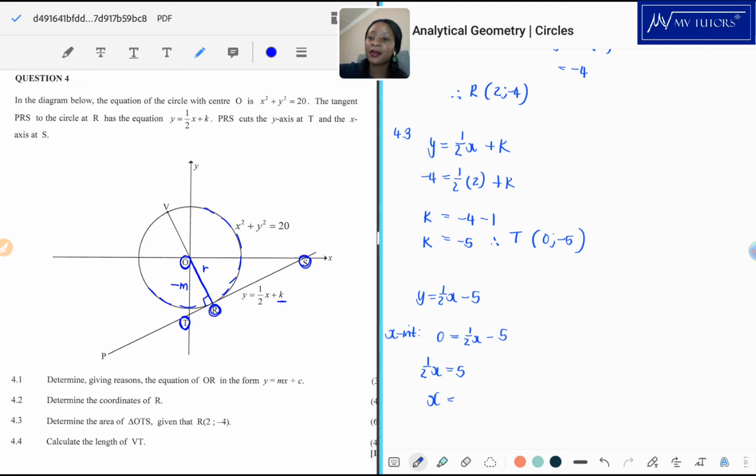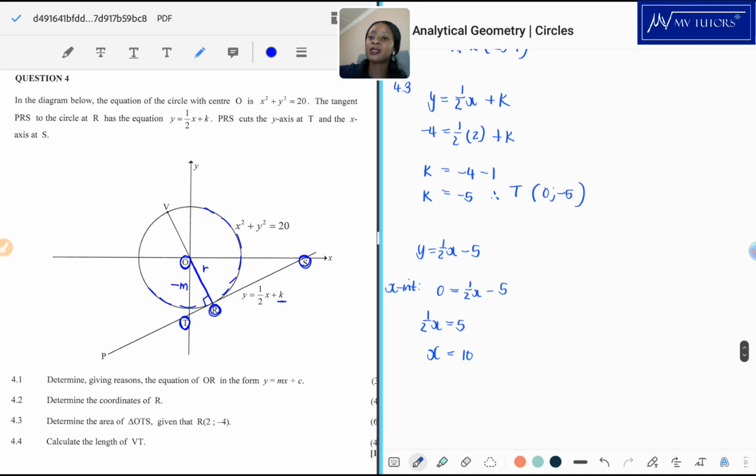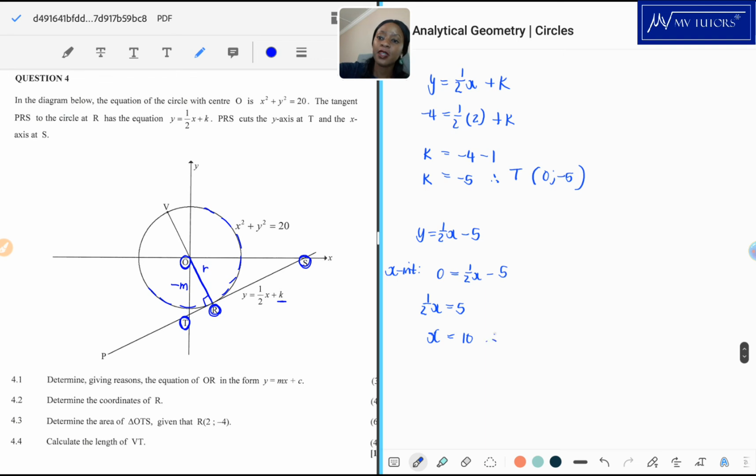So now, if I were to say 5 divided by a half, that would be 10. And that makes sense. I mean, S is quite far. If you were to compare OT, you're expecting OS to be bigger than 5 units, right? Okay, so x is equal to 10. Therefore, S is (10, 0).